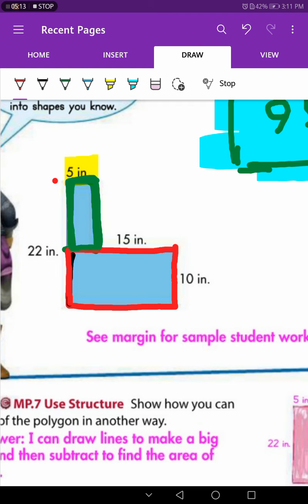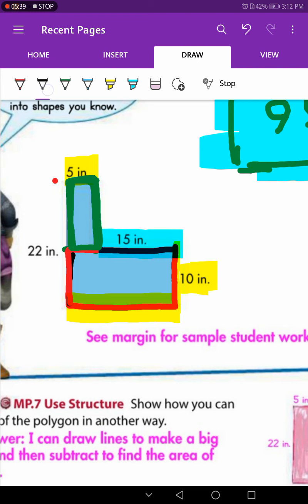You have to look for two dimensions. The first dimension is clearly 10. The second dimension from here to here, it is easy. It is 15. Don't say that. Be careful.